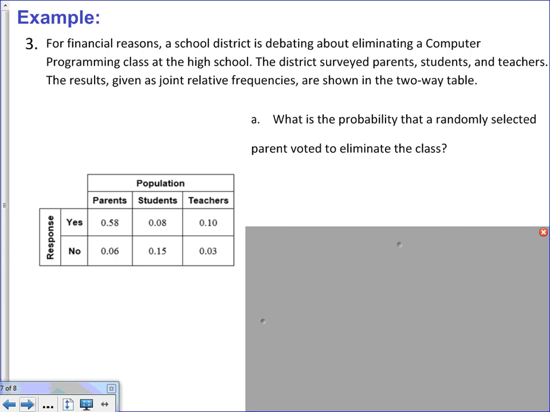So what we're talking about here is really a conditional probability, and the condition is that we select a parent. So when we calculate this probability, we're actually going to only focus on the parent column.